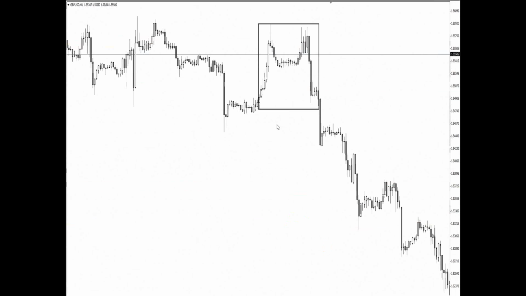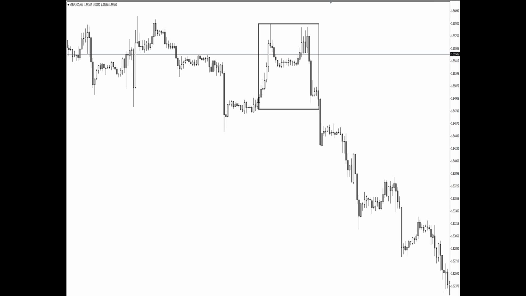So that was a flat top descending, a flat bottom descending, and this is a rectangle. Rectangle is a common pattern which is very tricky to trade, but you need to know the overall bias of the market. This is the cable, and around 55 the cable was bearish. So after those moves we had some sort of consolidation.